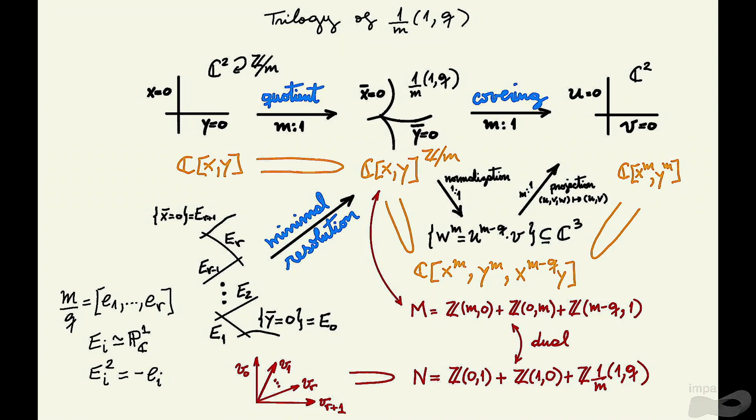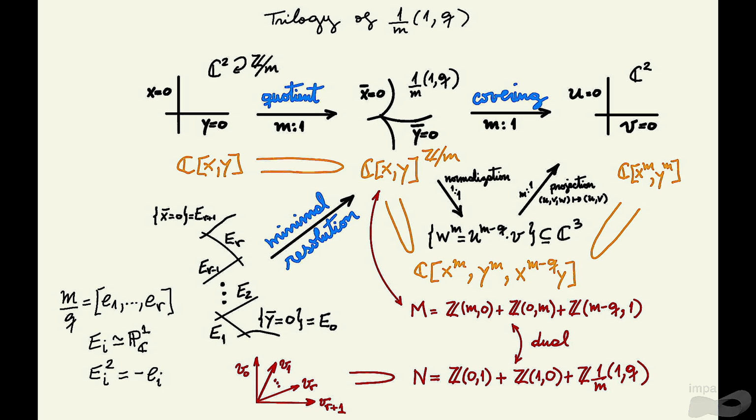In this red part, you see the toric picture, where you have the algebra using this M. Then you have the dual that gives you the geometry. At the beginning, you have only this ray and that ray. But now you need to add these other rays to make this toric variety smooth.